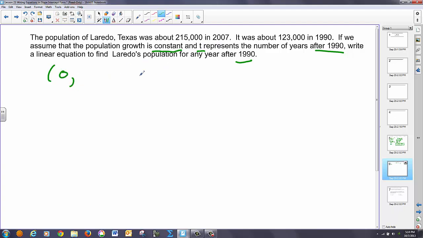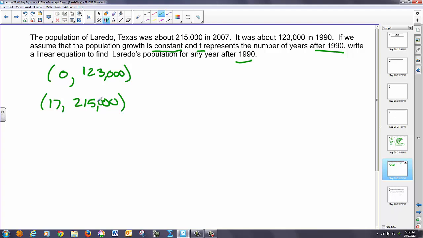And the population is the y value. So in 1990, I have 123,000. And in 2007, which is 17 years after 1990, I have 215,000.